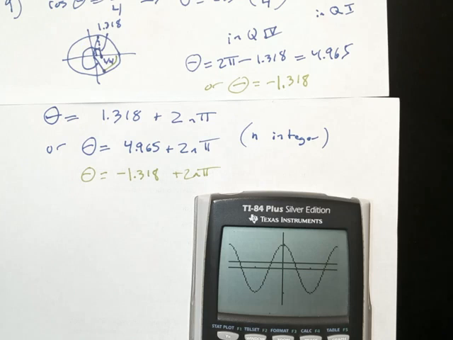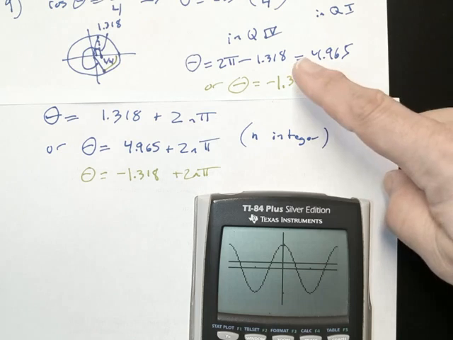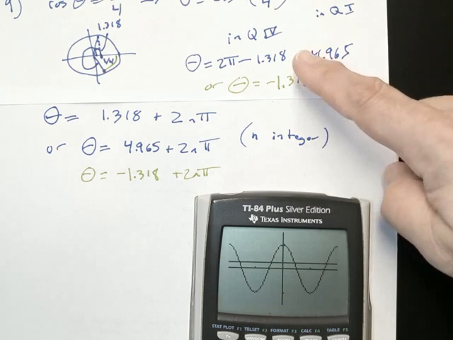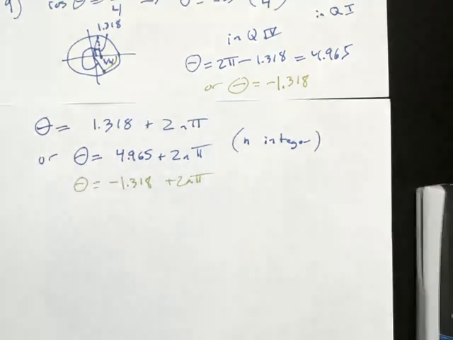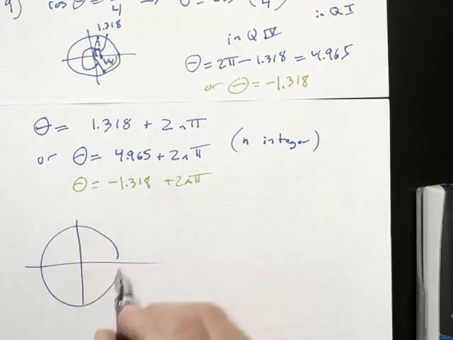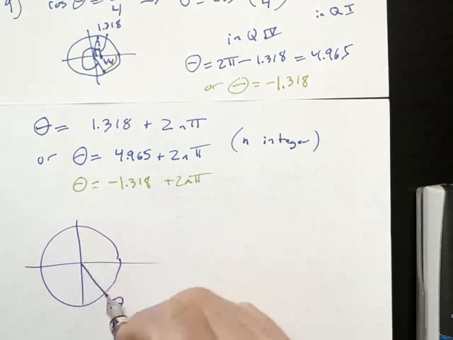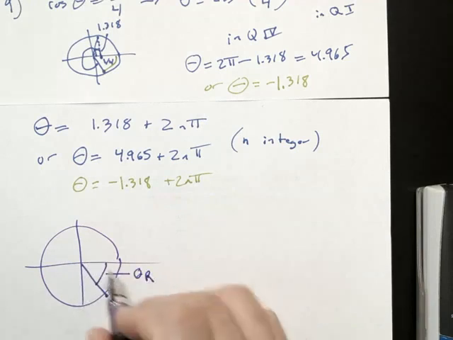Why do we subtract 1.318 from 2 pi? You only do that when you don't know radians. Why did I do this? No, I do that whenever I'm trying to get the angle in quadrant 4. If I'm in quadrant 4, my reference angle, if the angle is here, then this is the reference angle.